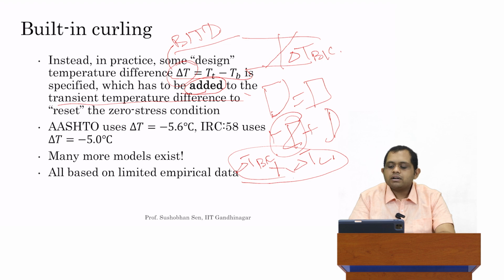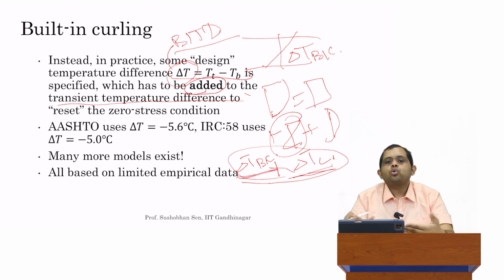Now I calculate my curling stresses with respect to not delta TL, but delta TL plus delta T BIC. So in practice, that's all we do. We have our transient temperature difference, and to that, we add this built-in temperature difference. We take that as the total temperature difference for curling, and then we calculate curling stresses from that using a variety of techniques. So the real question is, what is delta T BIC?